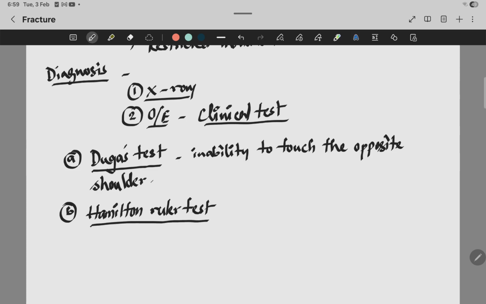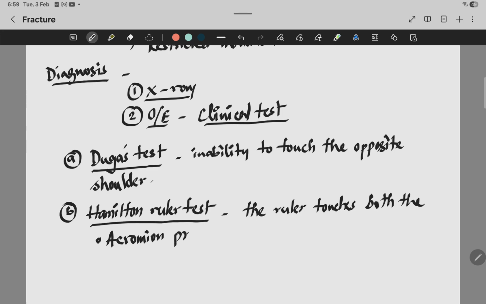The ruler or scale, you can say, touches both the acromion process and the lateral epicondyle of the humerus.